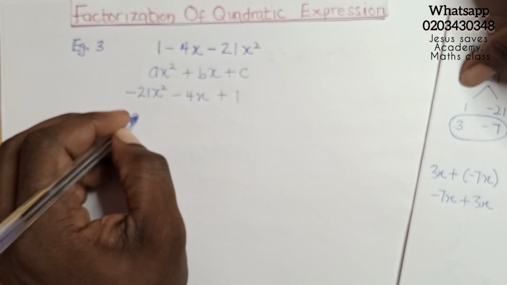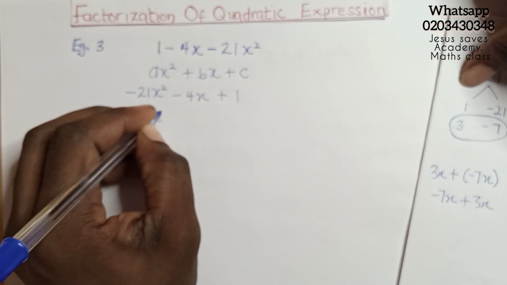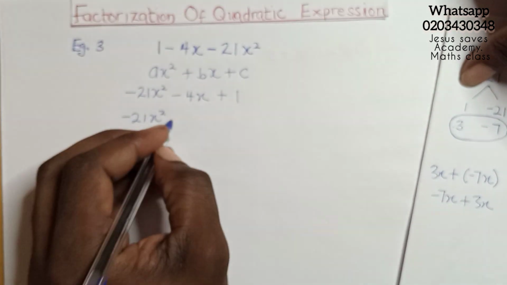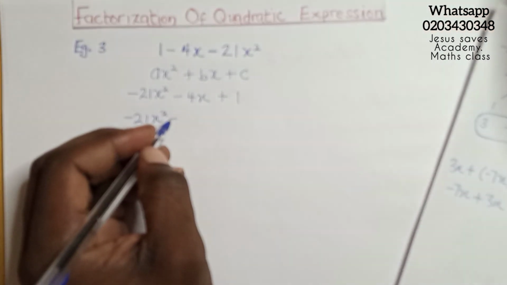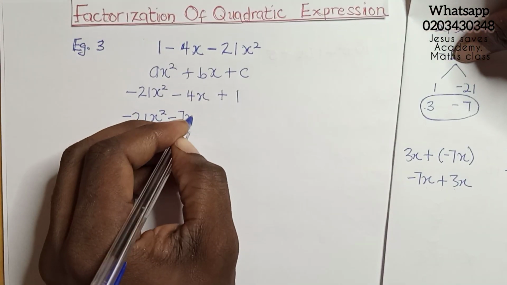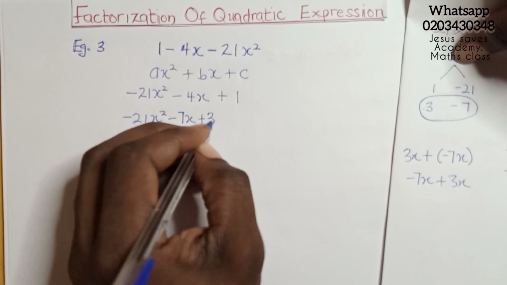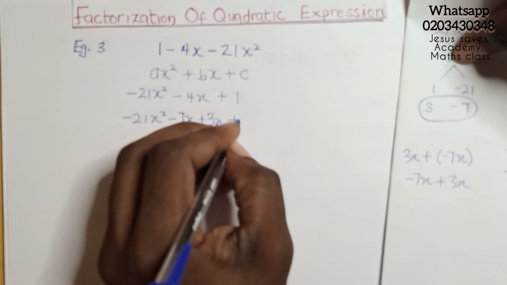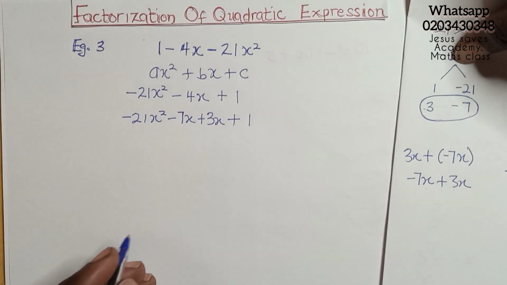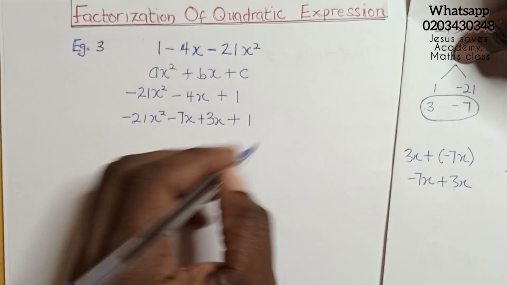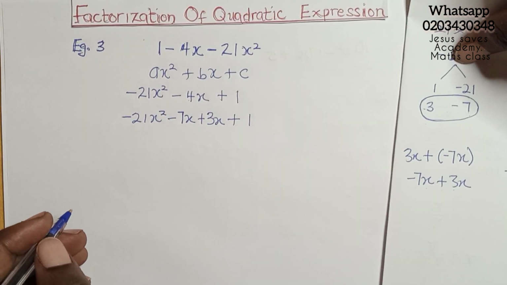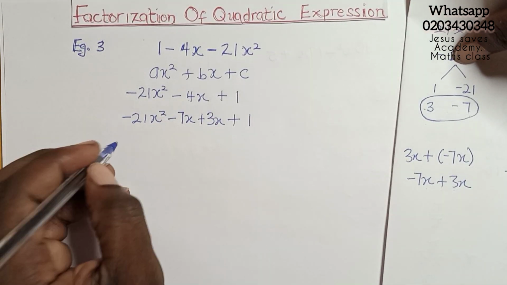So we have negative 21x squared minus 7x plus 3x plus the 1. This is the point where we group them into brackets.